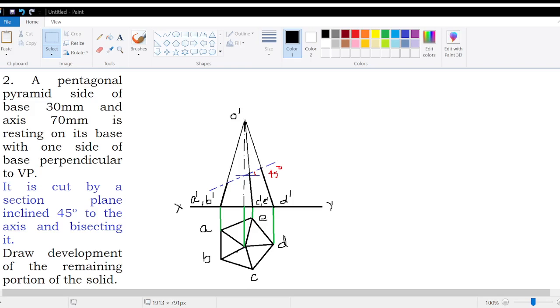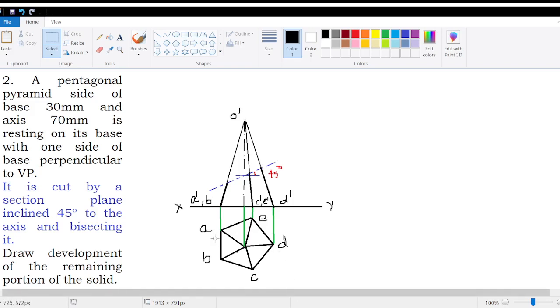So we'll start by drawing the plan and elevation of the solid. First draw the XY line. Then draw a pentagon which I have named A, B, C, D and E. For drawing the pentagon, the condition given is that it is resting on its base with one side of the base perpendicular to VP. So that means one of these sides should be perpendicular to VP.